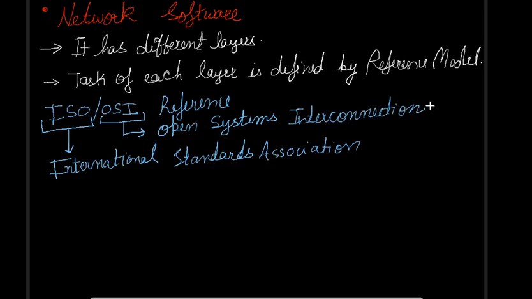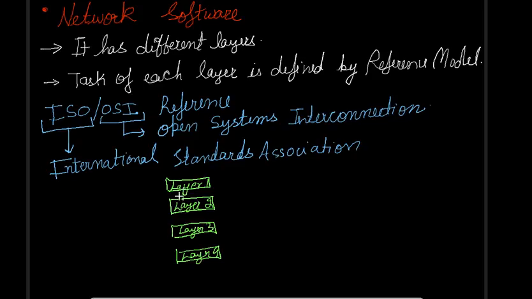Right, so this is the network software and it has different layers. These layers can interact with each other. So for example, let's say this is your layer 1, this is your layer 2, this is your layer 3, this is your layer 4.